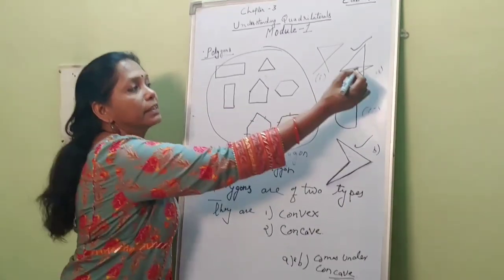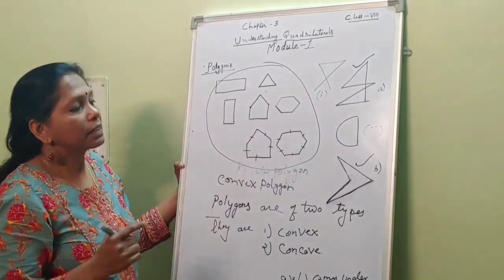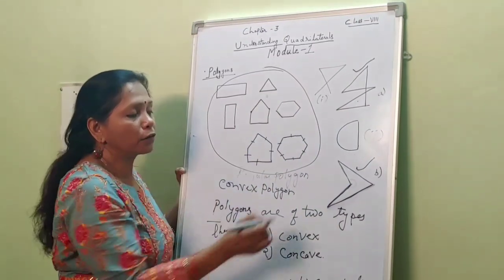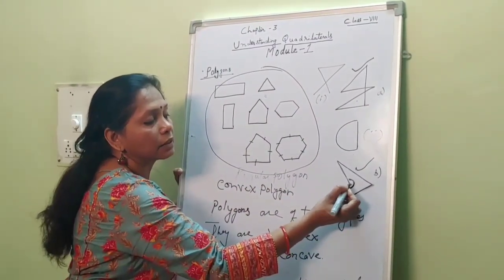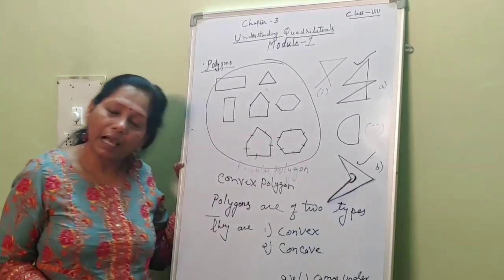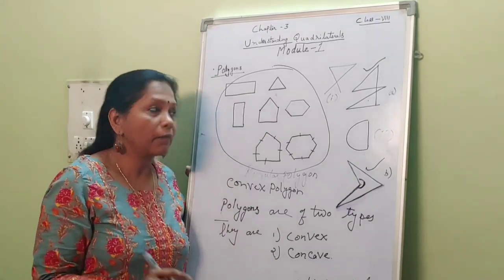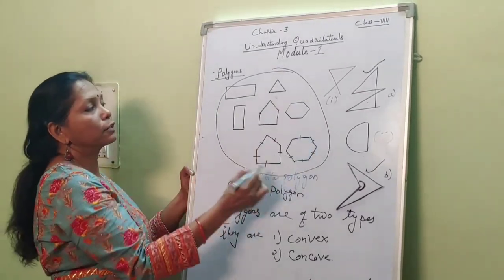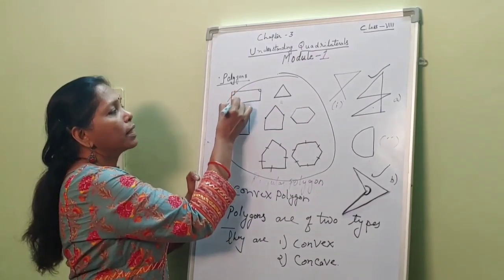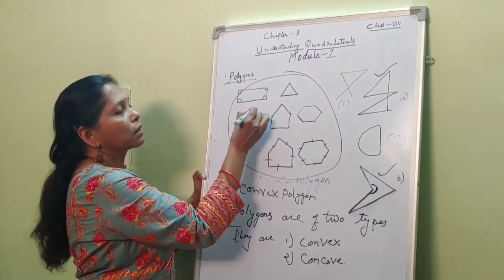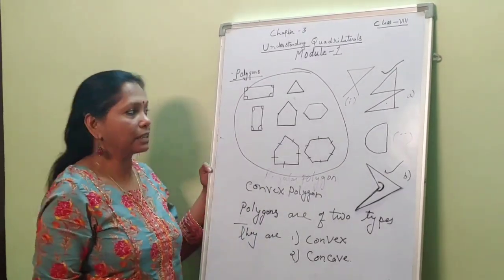First, they intersect. They are not simple closed curves. Second, you can see one of these angles. This angle. Can you see this angle? This angle is a reflex angle. Reflex angle means angles greater than 180. Whereas in convex polygons, you observe any angle, all these angles are less than 180 degrees.